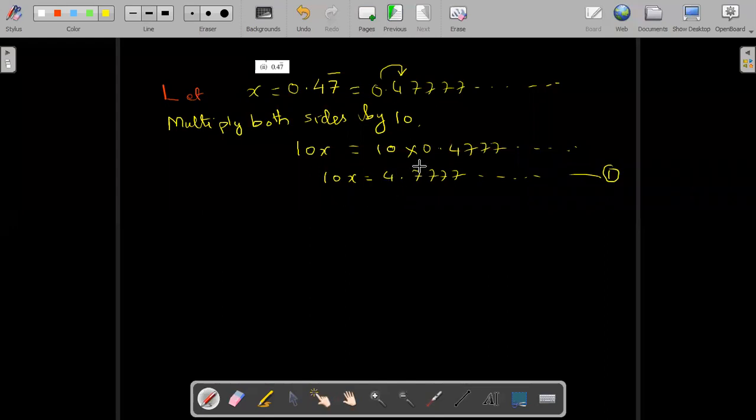Now, as one digit is repeated here, we will multiply again by 10.